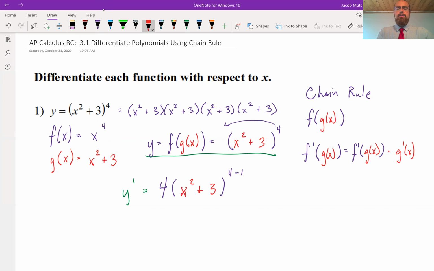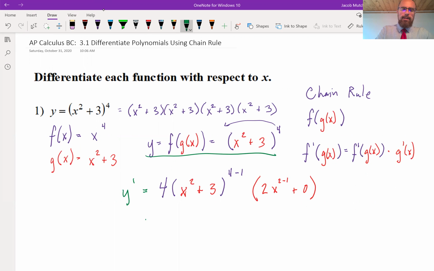Now, on the outside, I need to take the derivative of g of x, the stuff that's written in red. That's 2 times x to the power of 2 minus 1, and then the derivative of 3 is 0. That's really the application of the chain rule. Now I just need to simplify my expression.